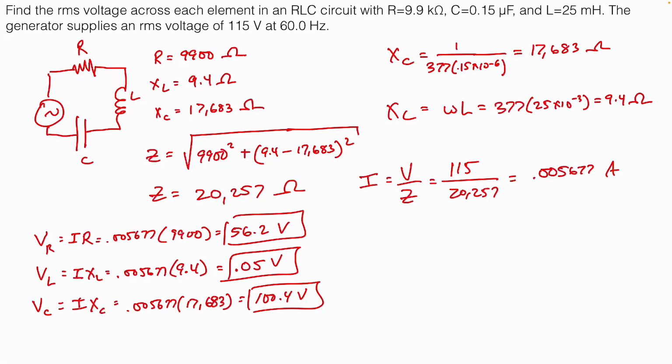Does anybody see a problem with this? That's higher than the 115 volts that we started with. So we've either done something very wrong or we have broken conservation of energy, which I suppose could be defined as very wrong also. But actually we're right.